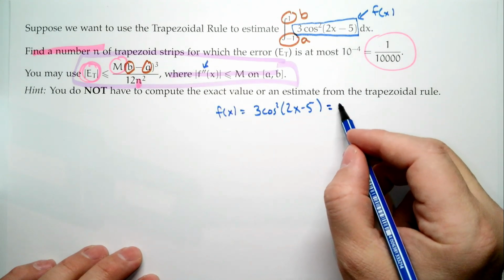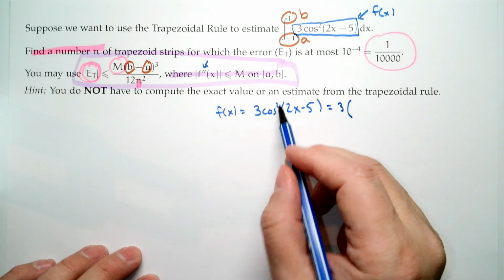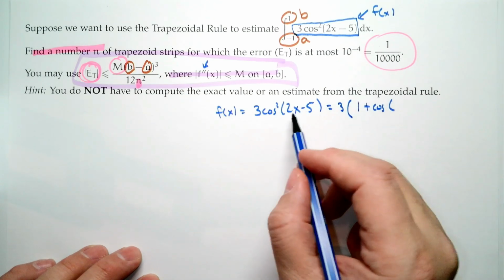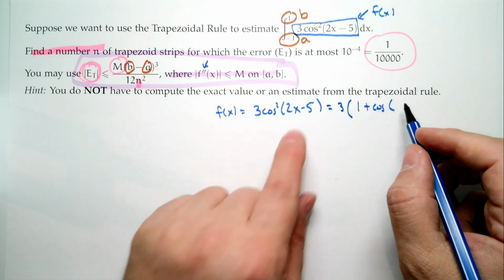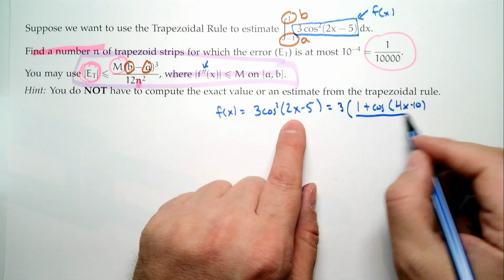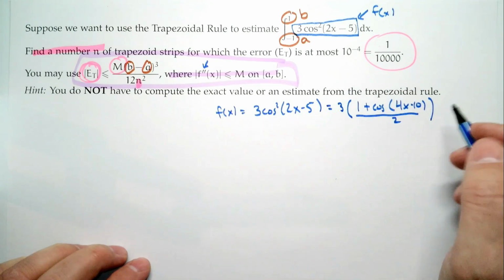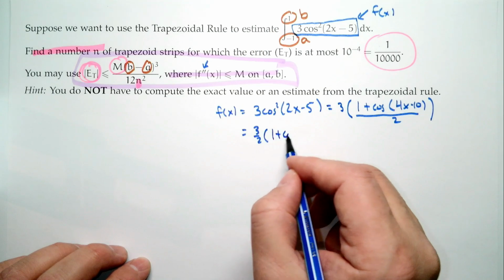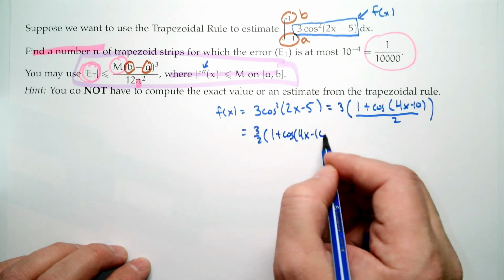So according to power reduction, cosine squared of something would be 1 plus cosine of double what's on the inside, divided by 2. So I'm going to double the 2x minus 5 to make it 4x minus 10. So we get 3 halves times 1 plus cosine 4x minus 10.